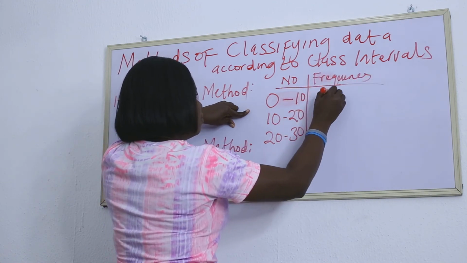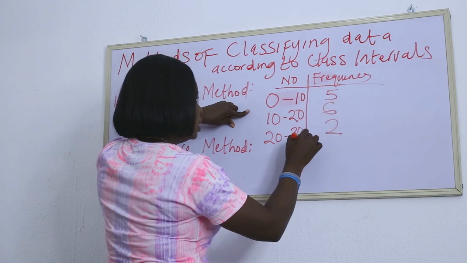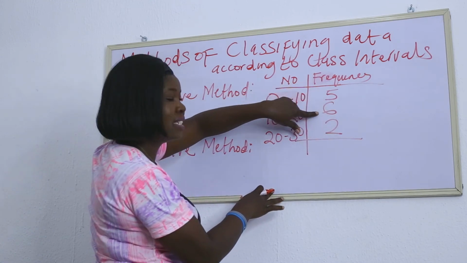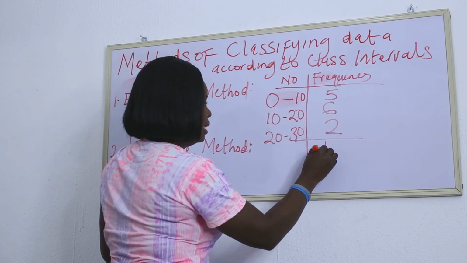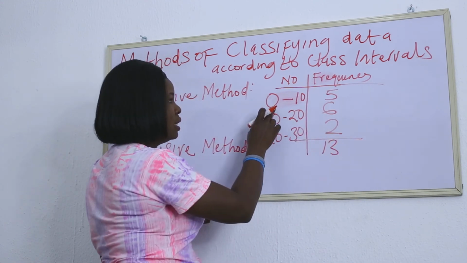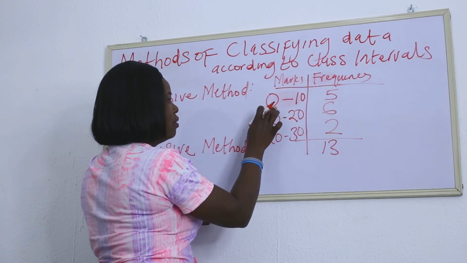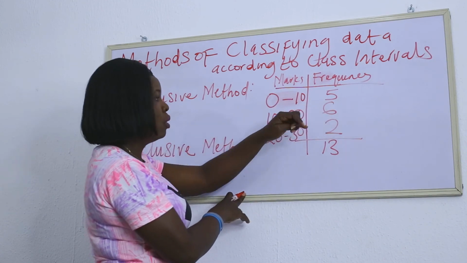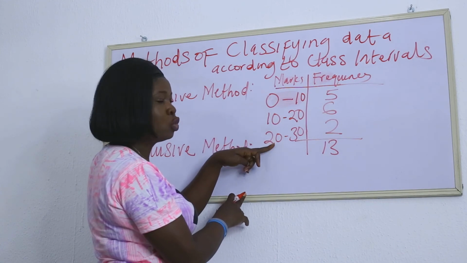Let's assume we have 5, we have 6, and we have 2. It means the total number of students that attended this class is 5 plus 6, that is 11, plus 2, that is 13. This means that 5 people have between the marks of 0 to 10, 6 people have between 10 to 20, and 2 people got between 20 to 30.